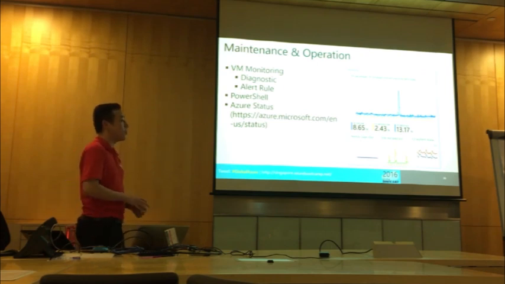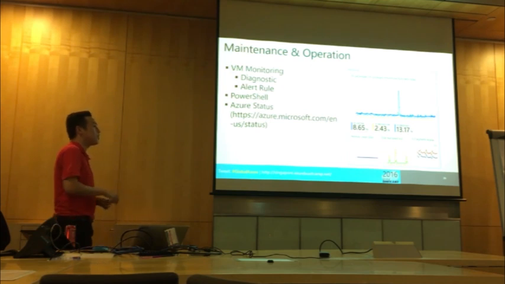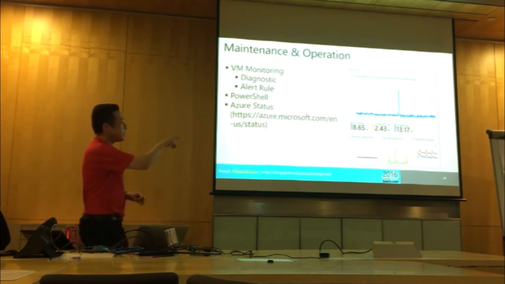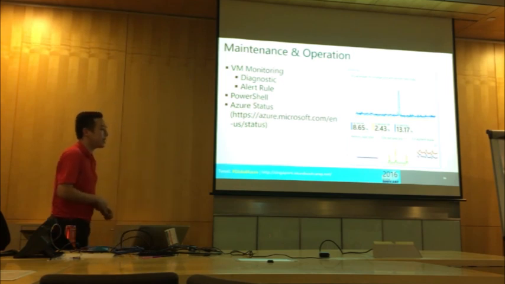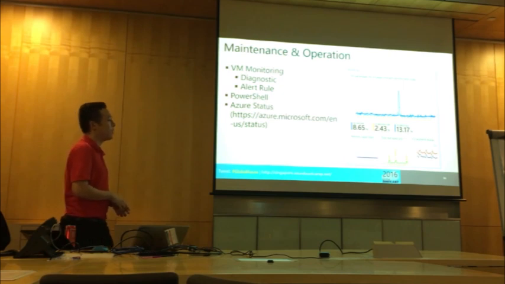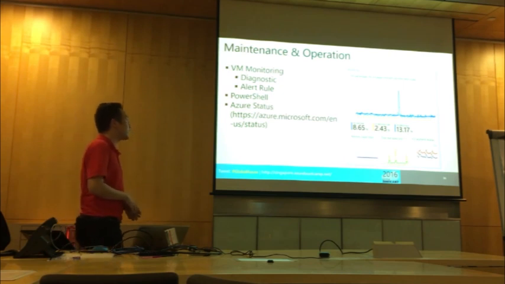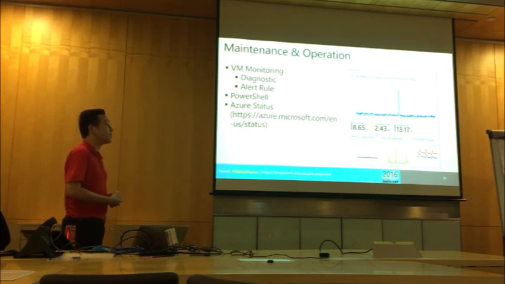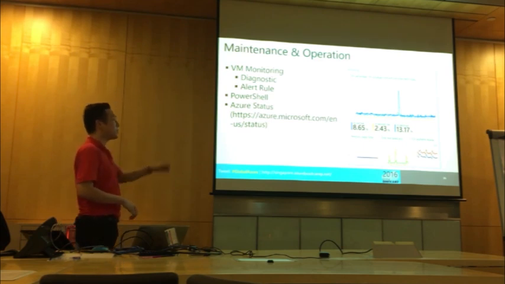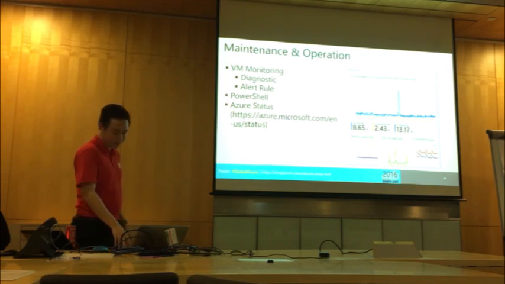You can go to the VM and click on any VM to see the status, and you have a dashboard like this. You can use PowerShell to connect to your Azure subscription account and track your VM performance. And if you want to see the status of Azure in a specific region, just go to this website, Azure Status.